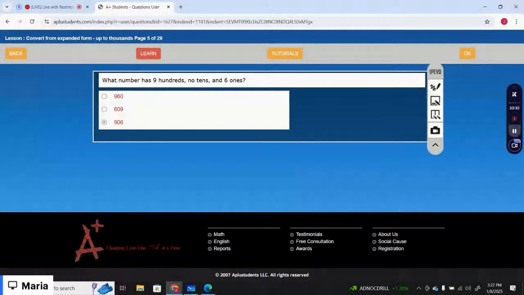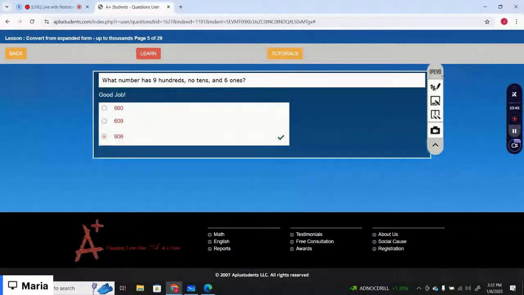That is 906 because 9 is at the hundreds position. No tens means you have 0 tens and then 6 ones. So the digit they make is 906. Option number 3 is the correct option.